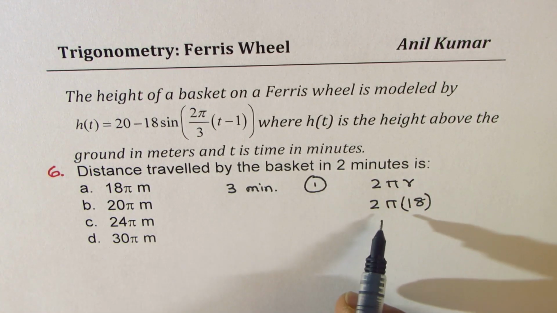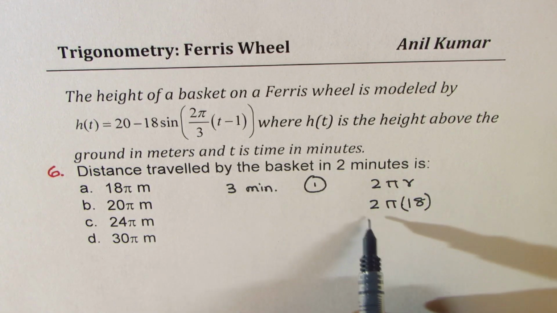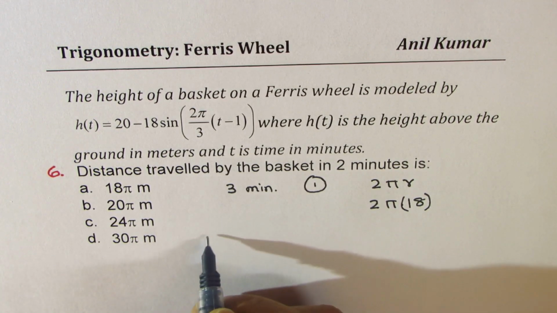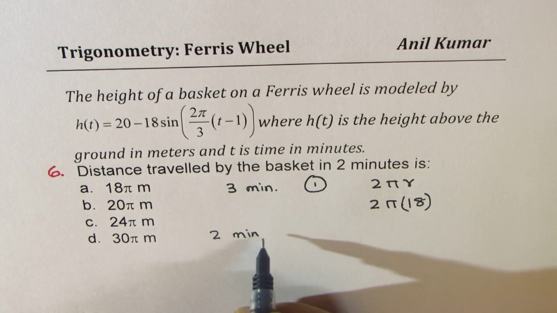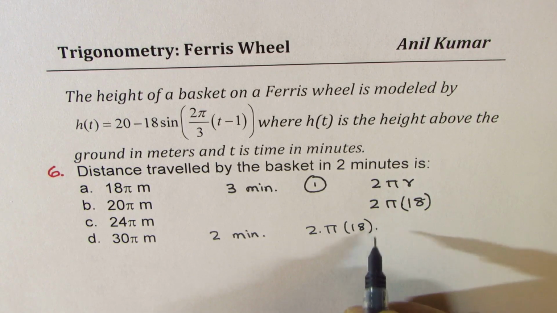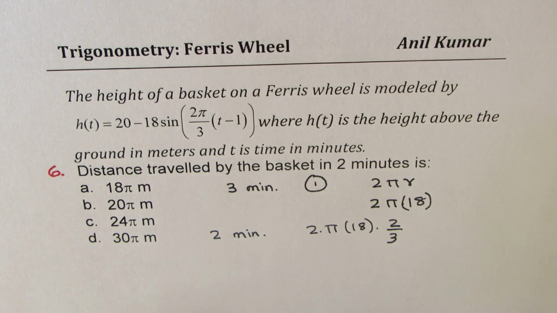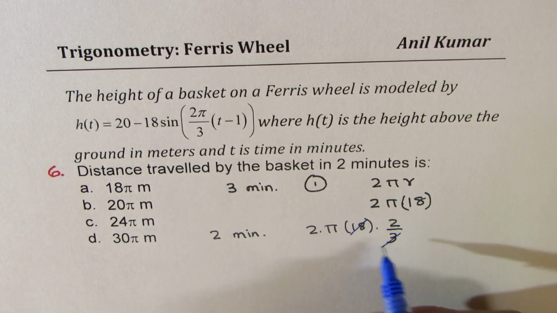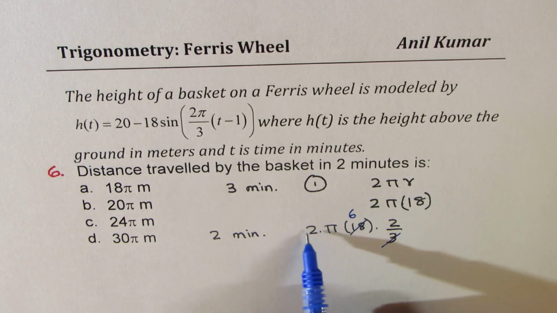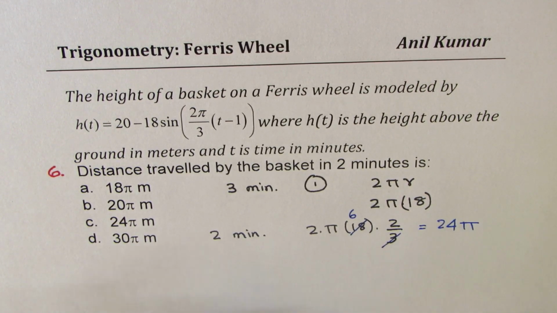So in 2 minutes, it will be 2/3 of this, a shorter distance. So in 2 minutes, it will be 2 pi times 18 times 2 divided by 3, correct? If you simplify this, you could divide 18 by 3, it goes 6 times, and 6 times 4 is 24. So we get 24 pi as the answer, which is option C.